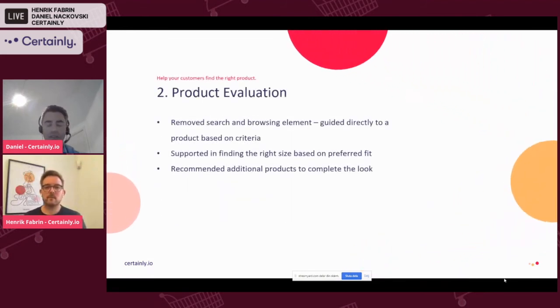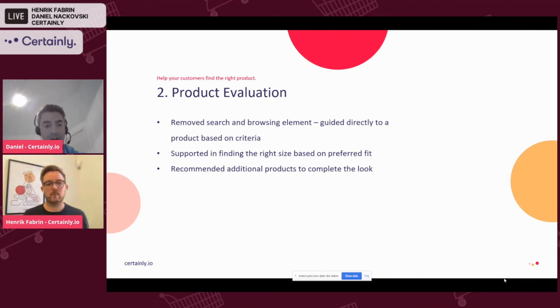The second element is, obviously, we helped, in this case, the person find the product and then evaluate the product. And this was, of course, a very simple exercise. But instead of browsing when you're buying for somebody else, in this case, maybe a different gender, I didn't have to click around. I don't have to deal with maybe a very cool UX, but I don't have to use anything to find the right product.